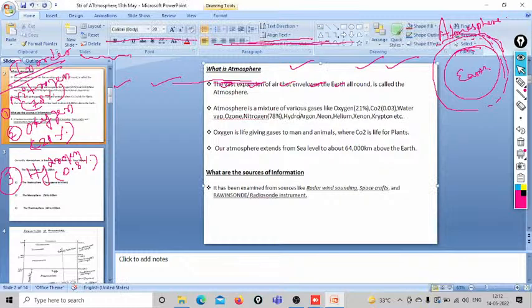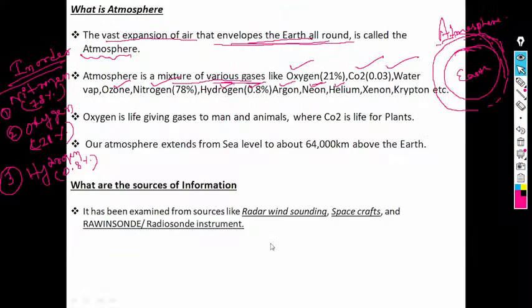Then argon, neon, helium, xenon and krypton.